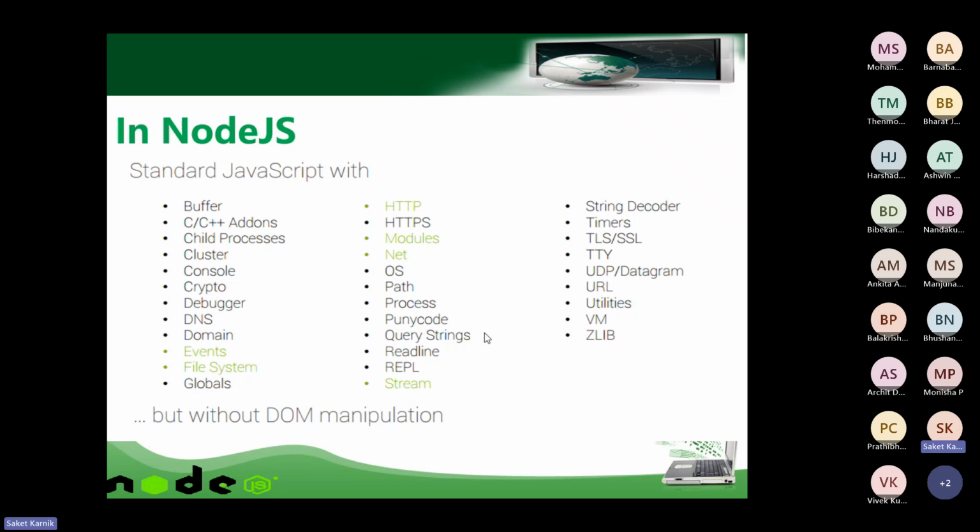All these features are standard JavaScript, but there is no support for DOM manipulation because Node.js is a server environment, and on the server there is no DOM. DOM is available within the browser context only, so it will be only for the client. Otherwise, the complete JavaScript features are there as they are. Understood?